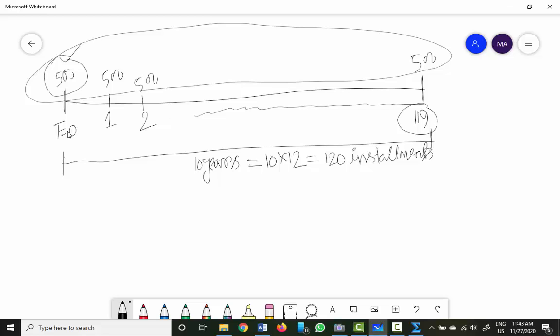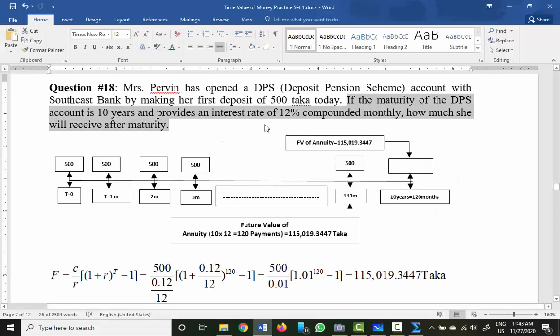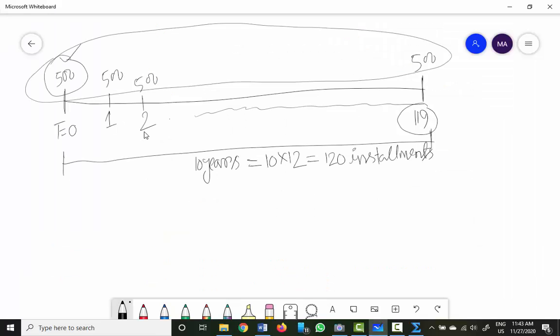So that means we need to find out the future value of all these cash flows. The question is asking how much she should receive after maturity, and this is the maturity period.